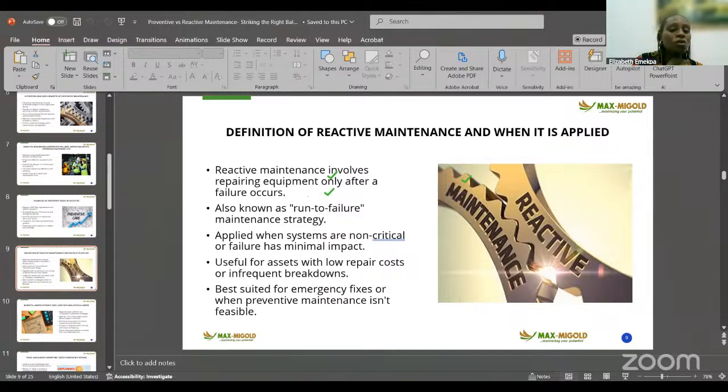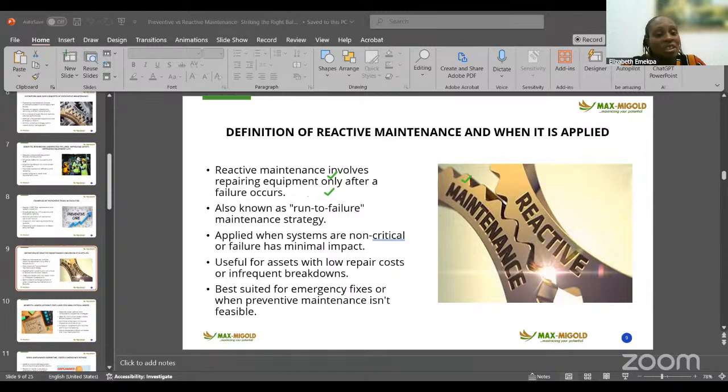This is also known as a run-to-failure maintenance strategy. I know there are some facilities that wait until everything runs down, and then say okay, now we'll come and repair. That is reactive. When it's no longer functioning, even when you put in your preventive maintenance plan and everything has gone off, that is when they replace.